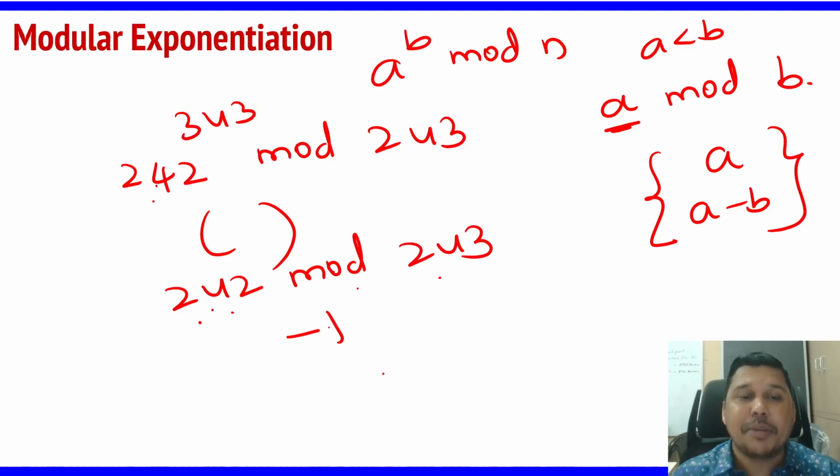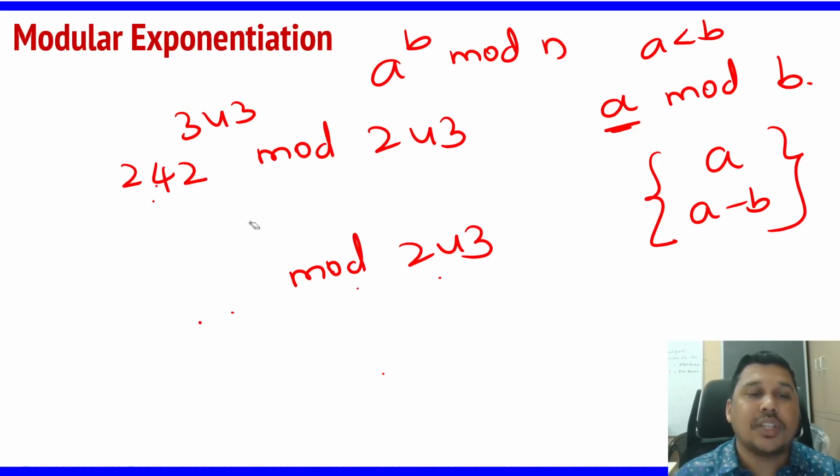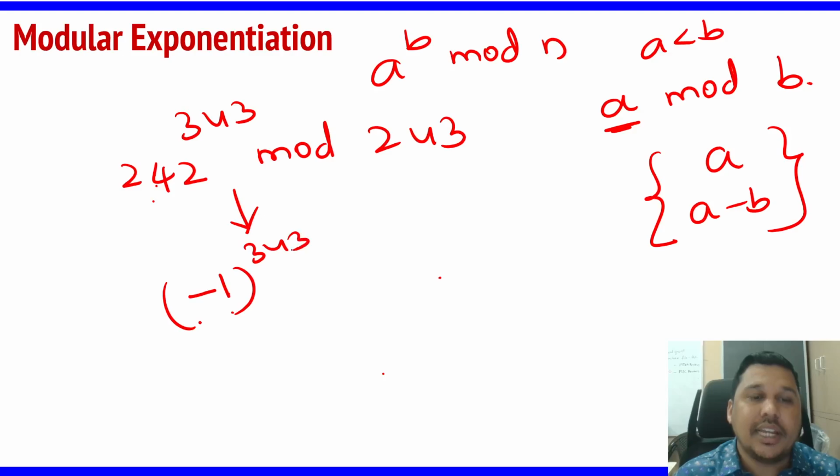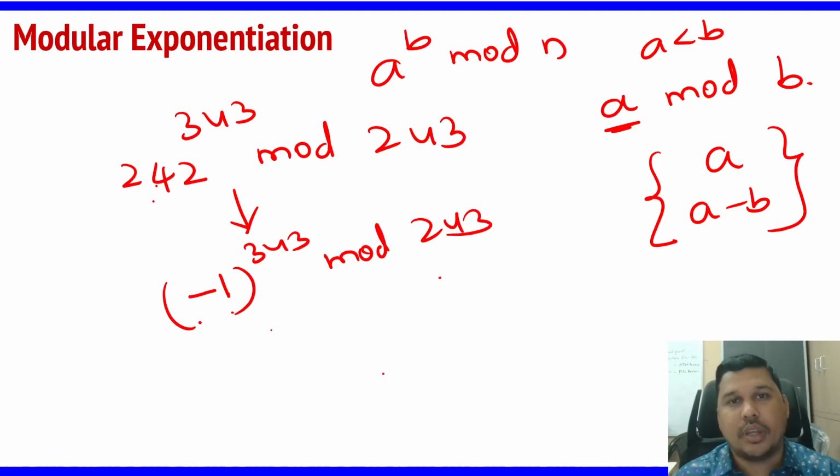It means 242 power 343 mod 243 can be written as minus 1 power 343 mod 243. What is minus 1 power 343? Again an odd power, and minus 1 power an odd number means minus 1.